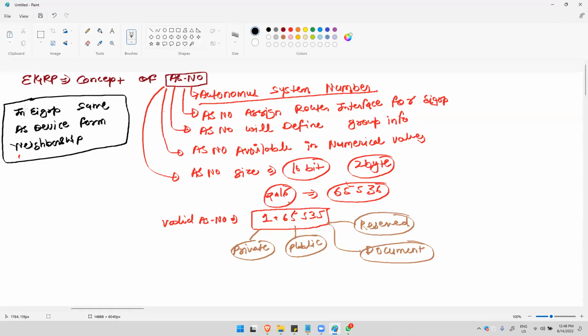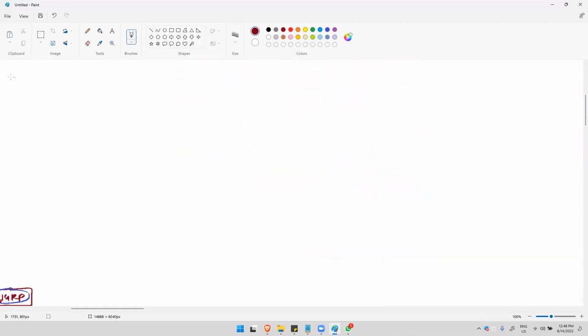Now one more point we can write down for EIGRP. Basically, in EIGRP, we are getting one more scenario. It's called SIA mode. Which mode? SIA mode. Basically, this one is very important. It's called stuck in active mode.